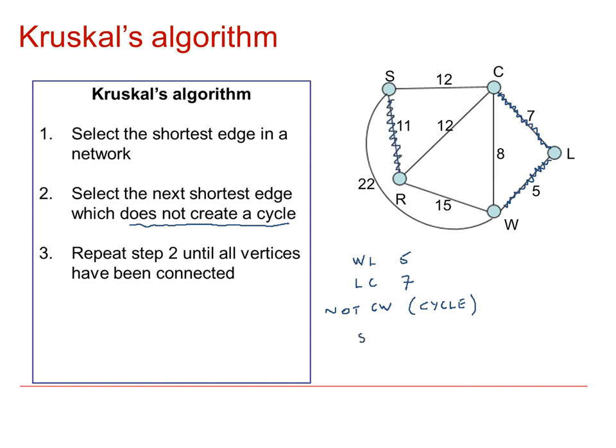So SR of 11. Now we've got a choice of SC or CR, and once we get a choice we can do whichever we want. So let's go for SC, which is 12.